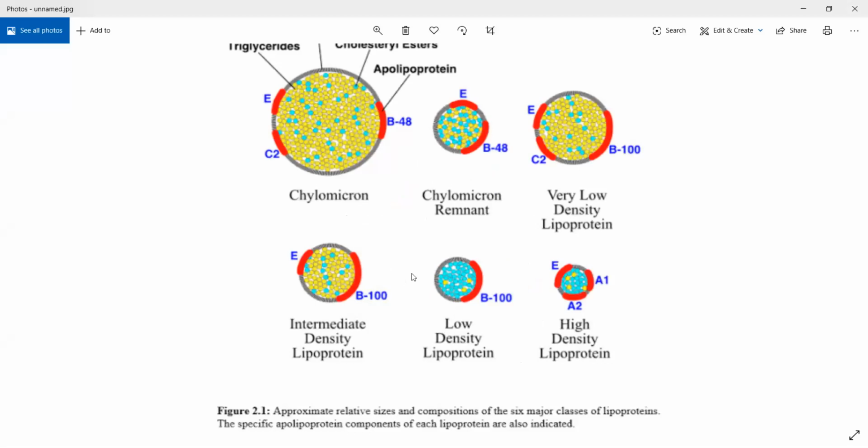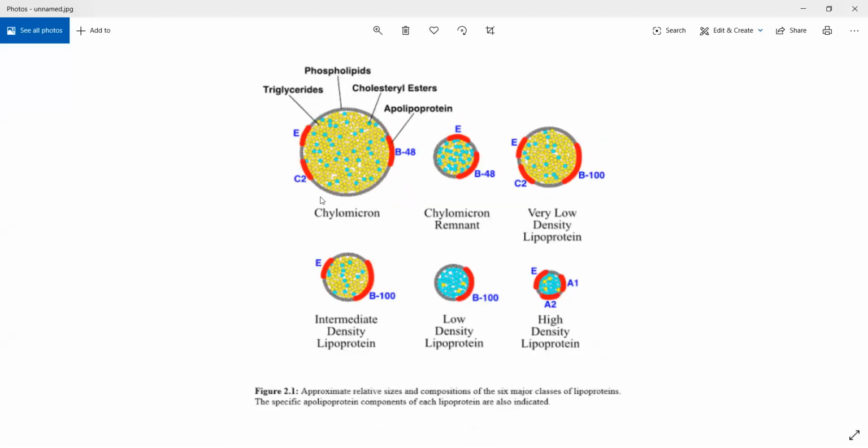On the other hand, you will have chylomicrons, which will be the largest. Your chylomicrons will vary between 75 to 600 nanometers depending on the amount of triglycerides inside them. The more triglycerides they have, the larger they'll be. The less triglycerides they have, the smaller they'll be.